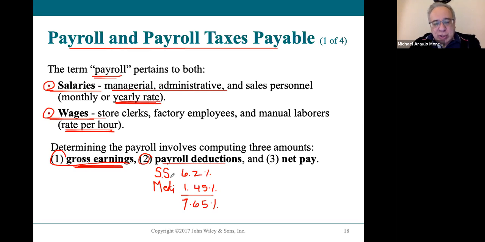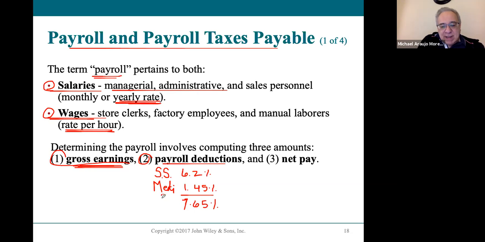Social Security also pays if those people died and they may have children or a spouse; their children or spouse could benefit from their retirement benefit because they've paid into Social Security. And the last part of Social Security is a disability insurance where, again, you have to meet very high standards to qualify, but you could qualify for Social Security disability insurance. So this tax pays for that particular program.